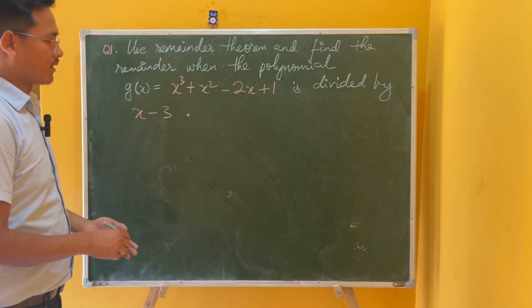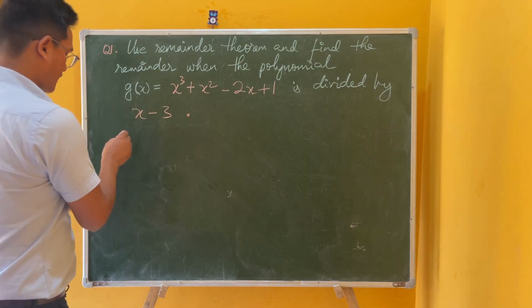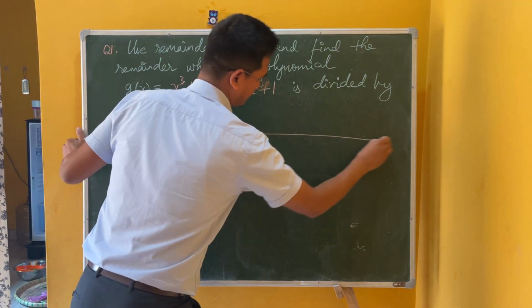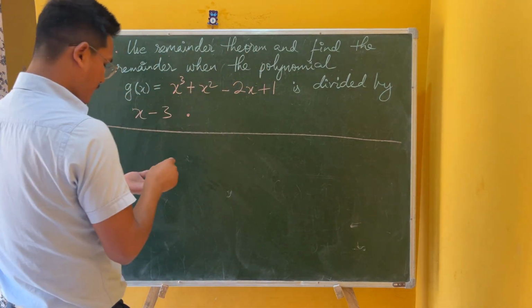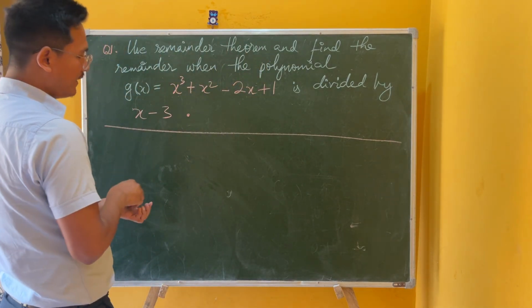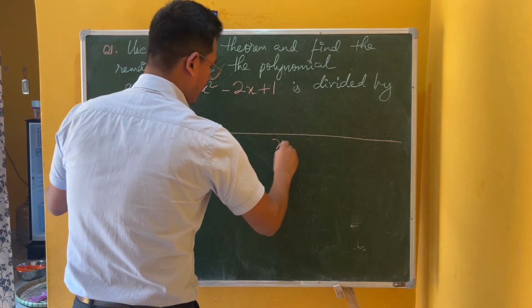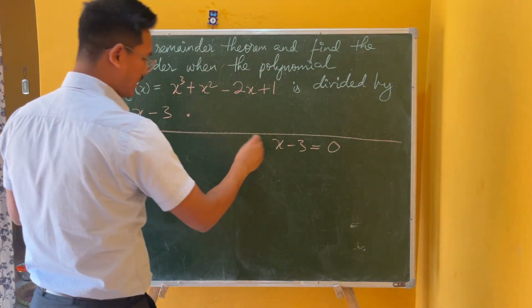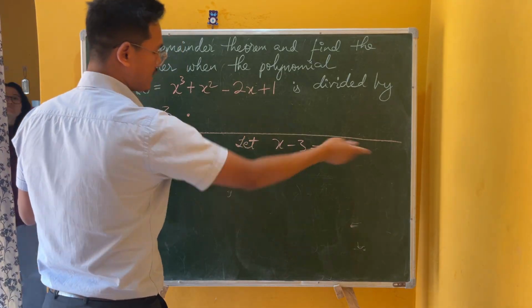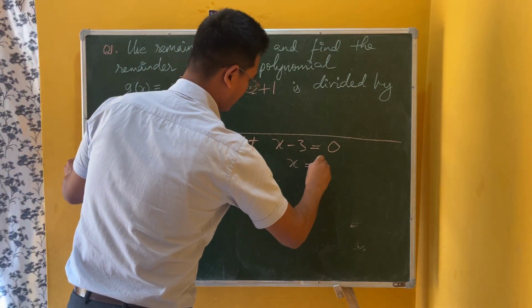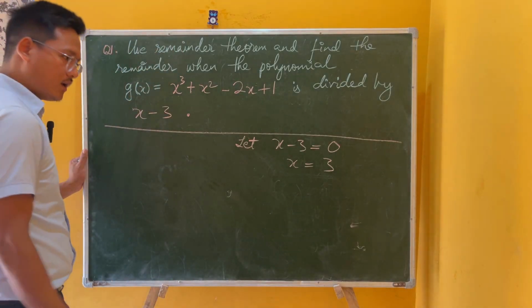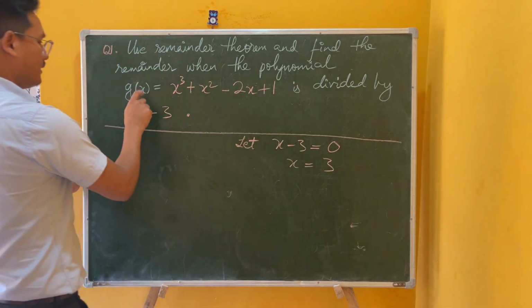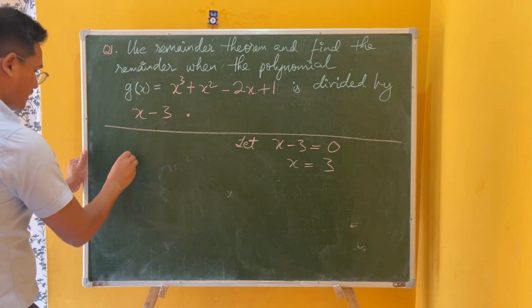So by using the remainder theorem, how do you do it? Whoever is dividing, we equate that to 0. This one is dividing, so you'll write let x minus 3 equals 0 and x equals 3.